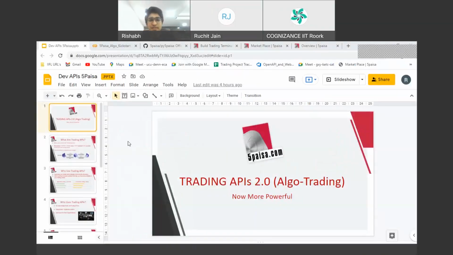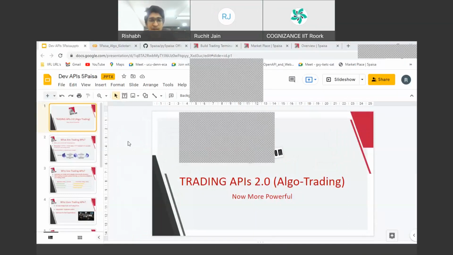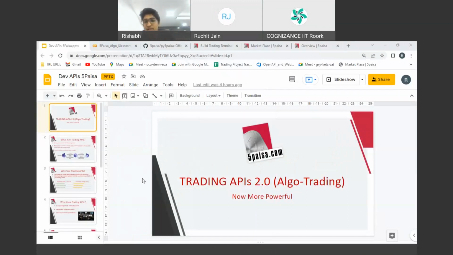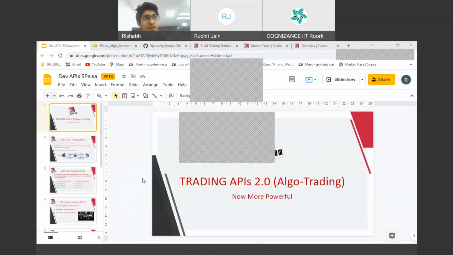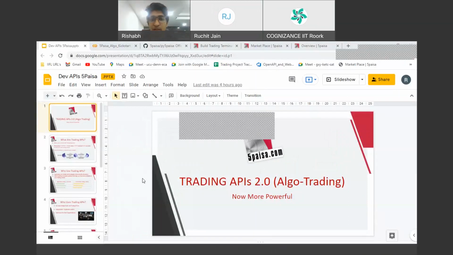So let me start with the basics. How many of you are familiar with what APIs are? APIs stands for application programming interface. It's an interface. How many people are familiar with the term API? I'm not sure how many people are from a computer background who have worked on some startup or project with APIs.